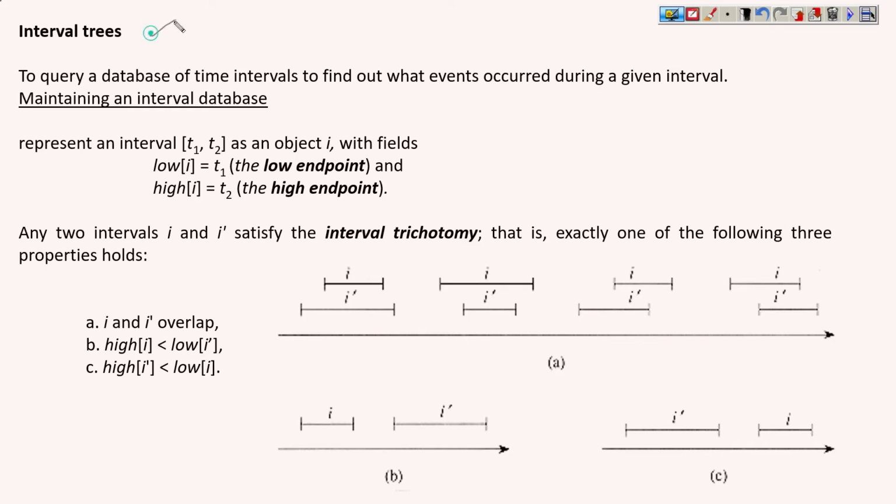In interval trees, we use it to maintain an interval database. Every node represents an object, and that object defines a range, or an interval, spread over the time period from T1 to T2. T1 represents the low end point, and T2 represents the high end point. That means if we have an interval from 2000 to, let's say, 2012, then 2000 is the low end point and 2012 is the high end point.